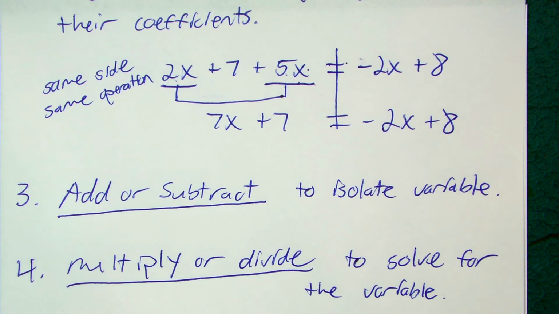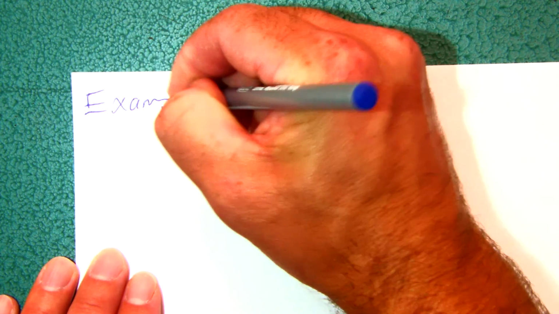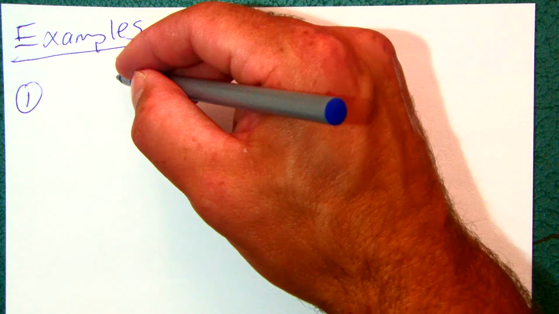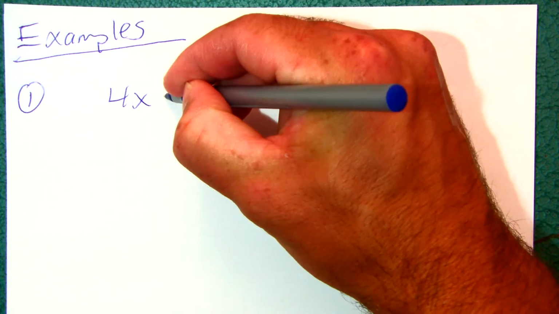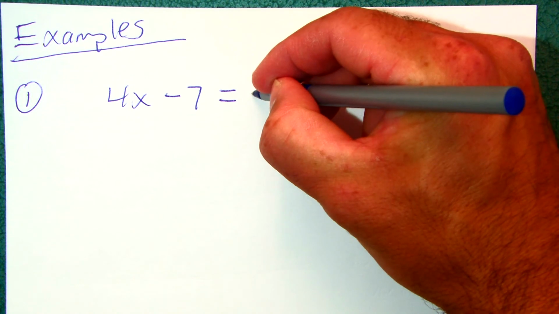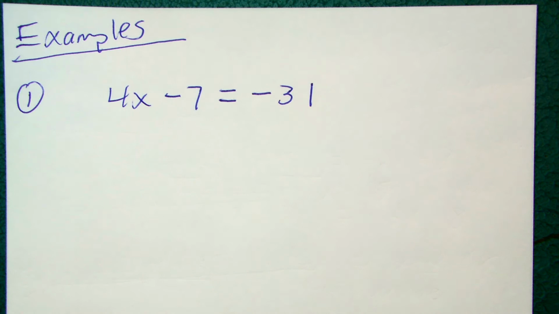All right, so let's start to take a look at some examples here. Let's just start off with a two-step equation: 4x minus 7 equals negative 31.